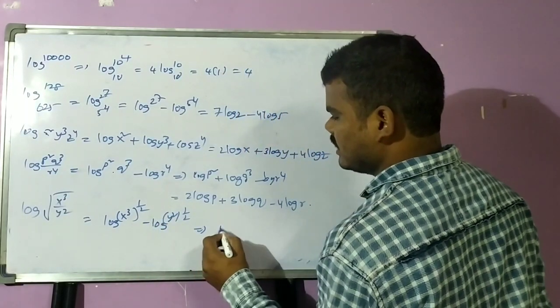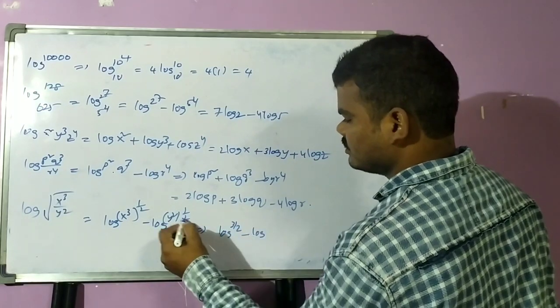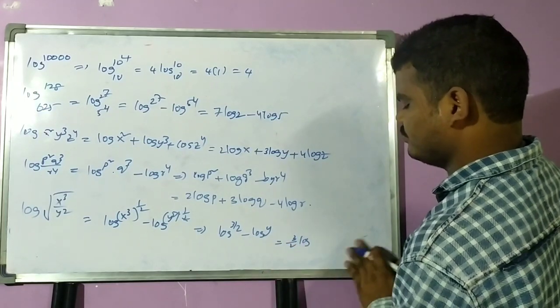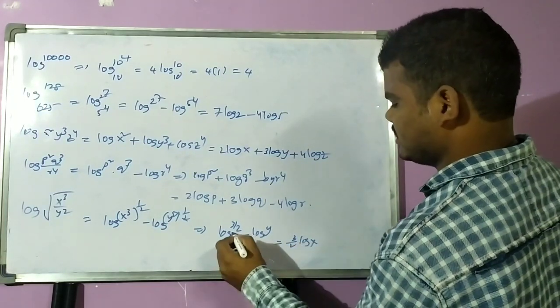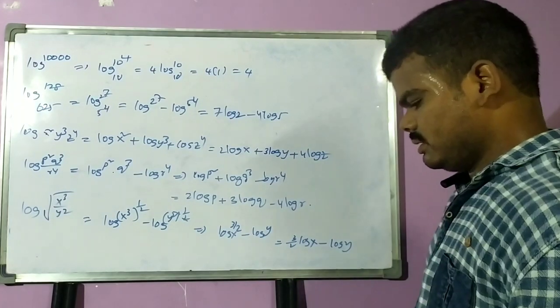This is 3 by 2 into logarithm of x, here it is x, minus logarithm of y. Okay. Next one.